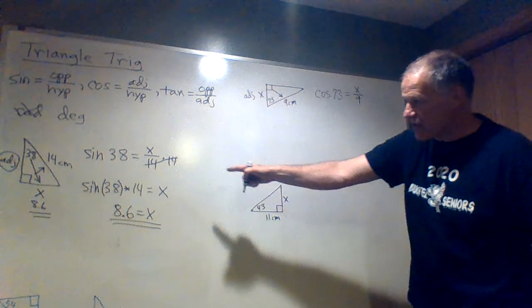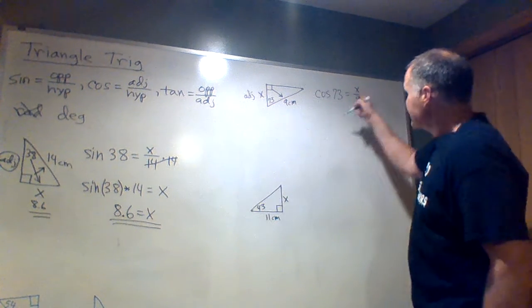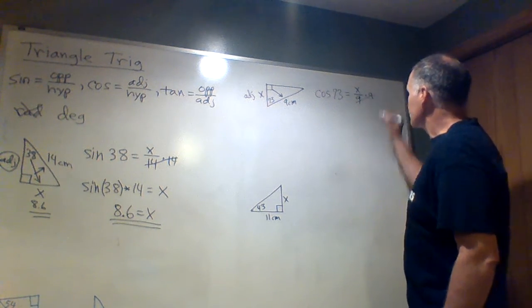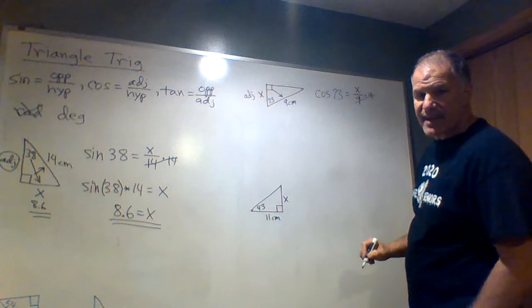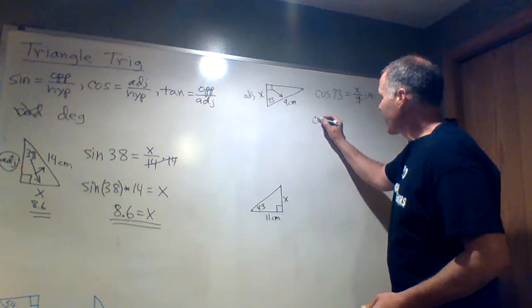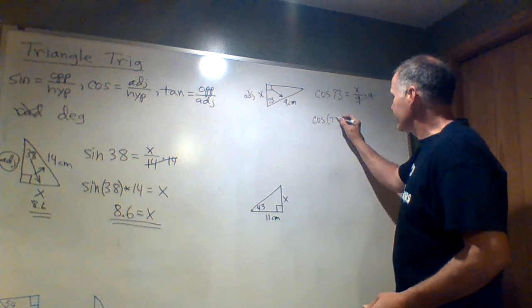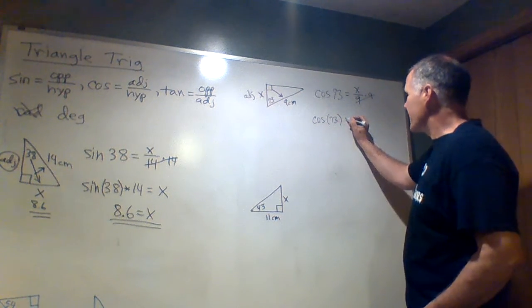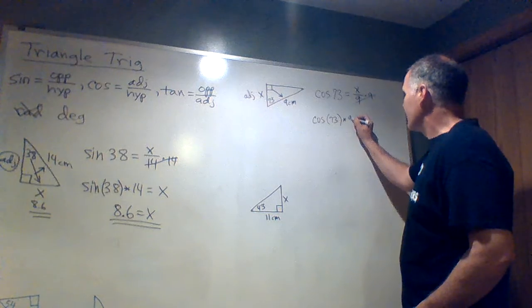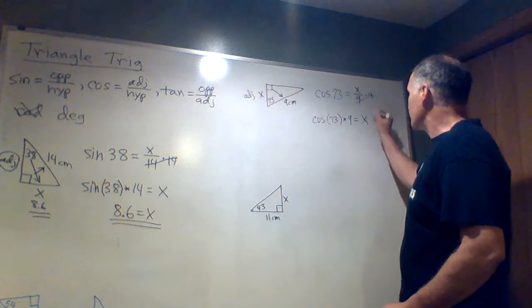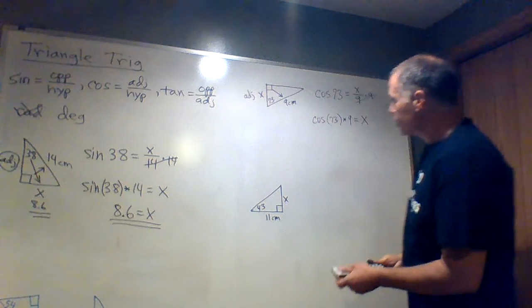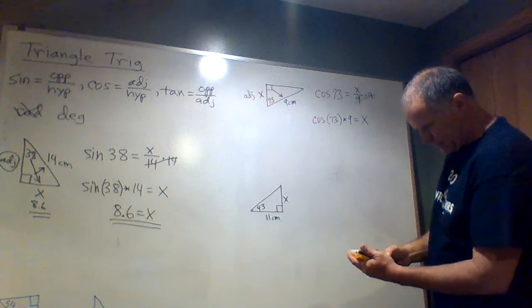Now, guys, just like we did on this other one, x is in the numerator, so I'm going to multiply by the denominator, which cancels. Whatever I do to one side, I got to do to the other. So cosine of 73, and remember, we're going to do a finish parenthesis when we type this in, times 9. This is what you're typing in your Google calculator.